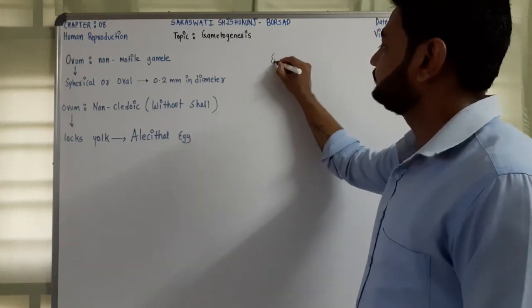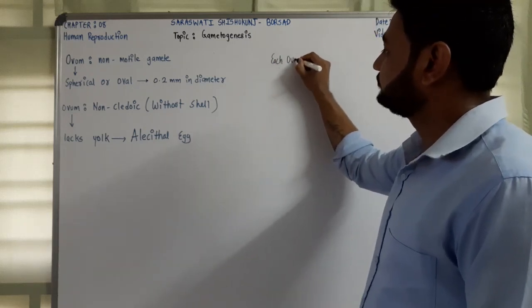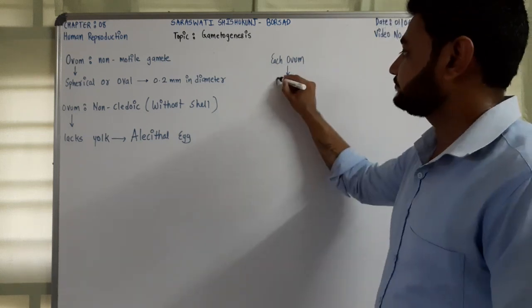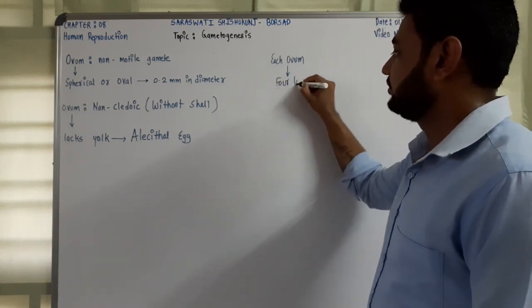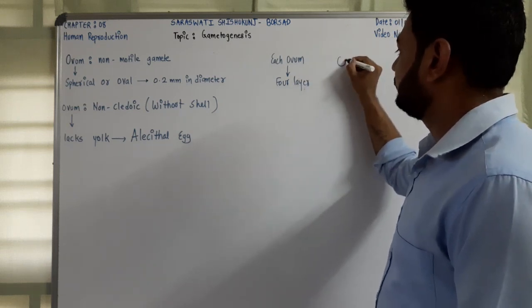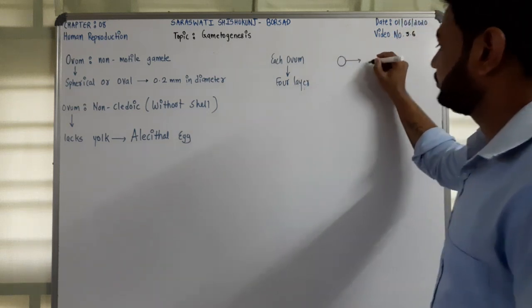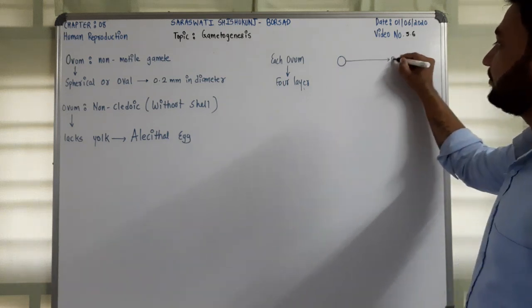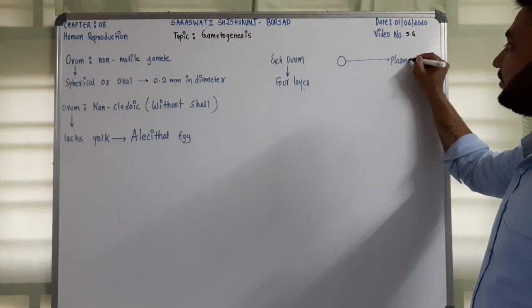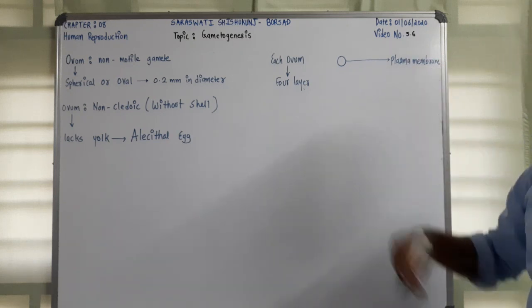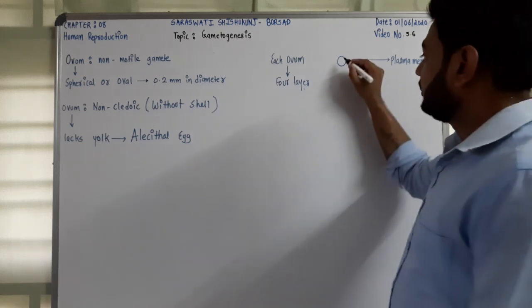Each ovum is surrounded by four layers. Okay, so let's say this is the ovum. Our innermost layer is the plasma membrane, right? Each cell is surrounded by a plasma membrane.